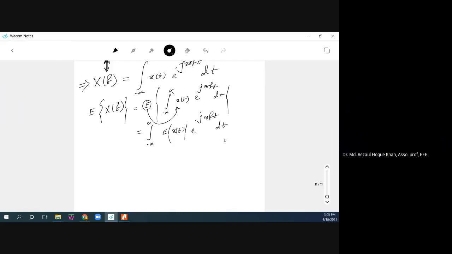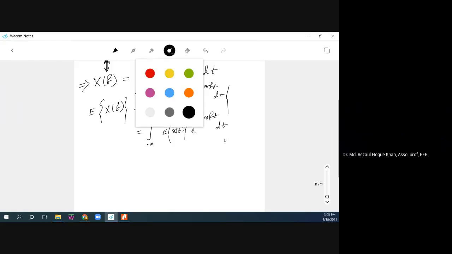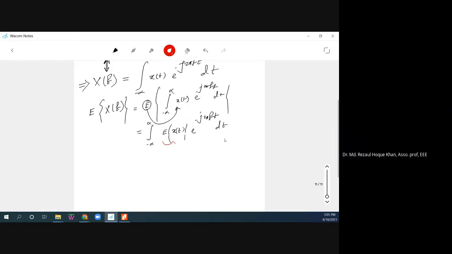Now we already know that the expected value or the average value of the transmitted signal is 0. This tends to 0. If this happens, then the expected value or average value of the Fourier becomes 0. This is very surprising.